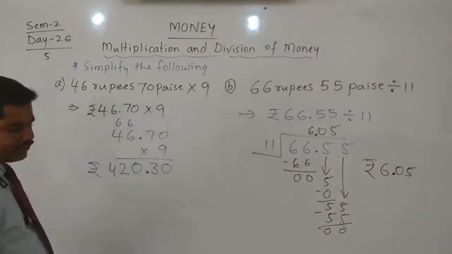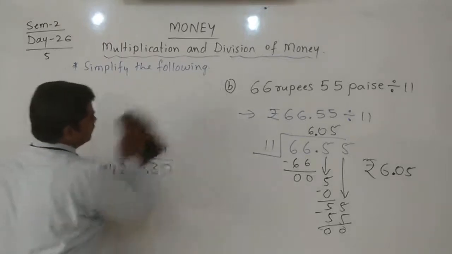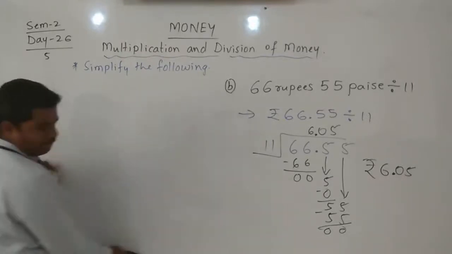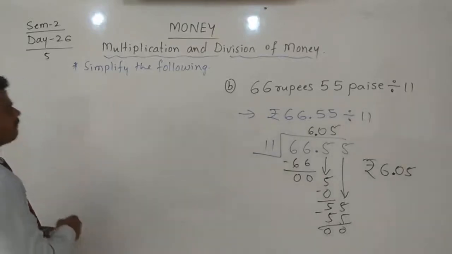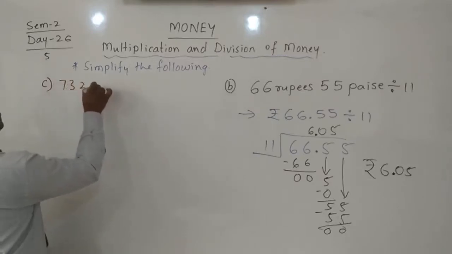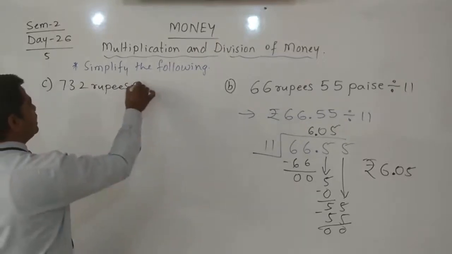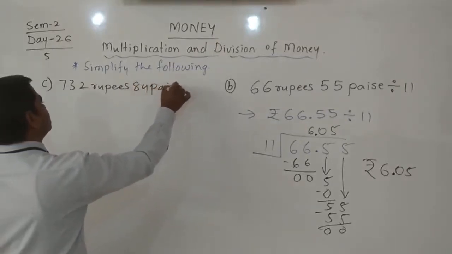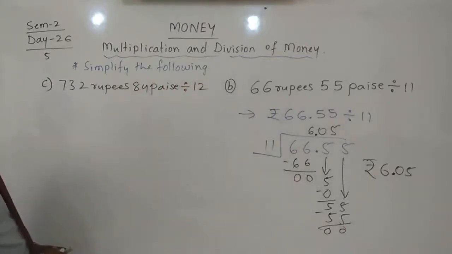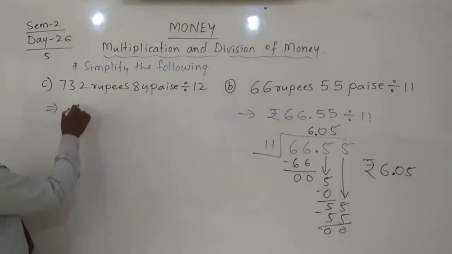732 rupees 84 paise divided by 12. Change this one to decimal form.